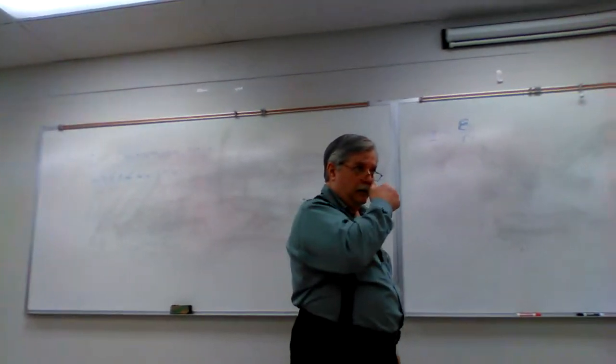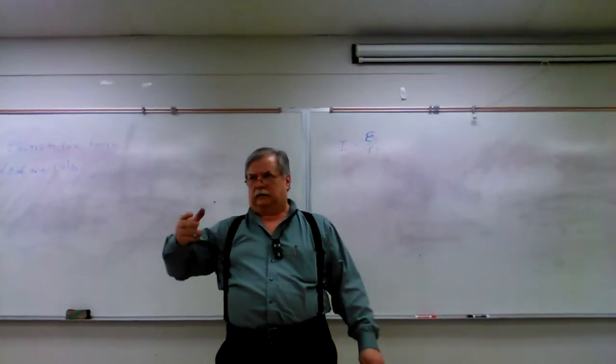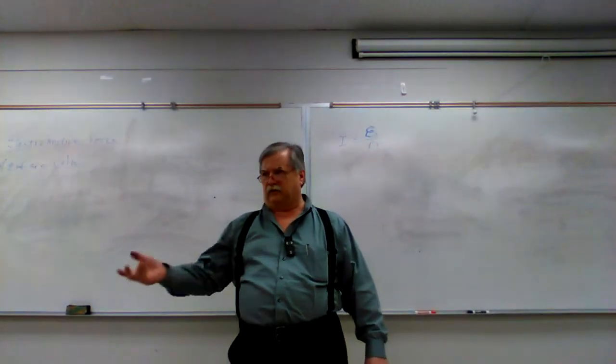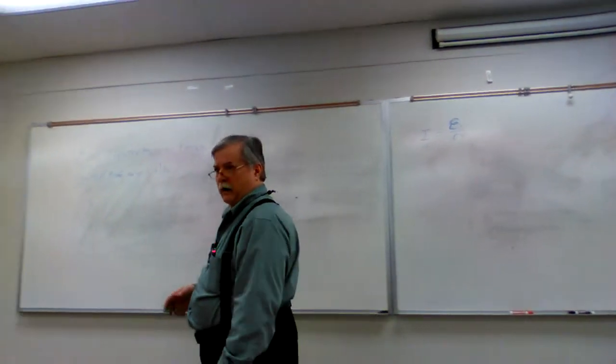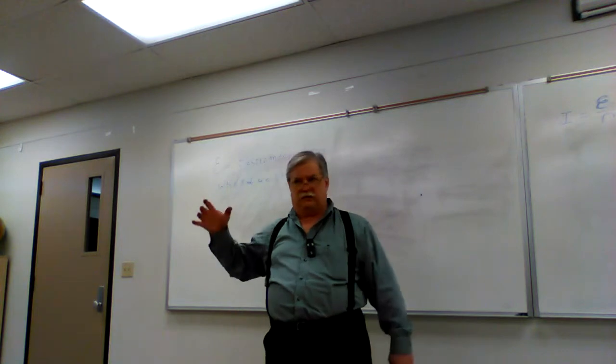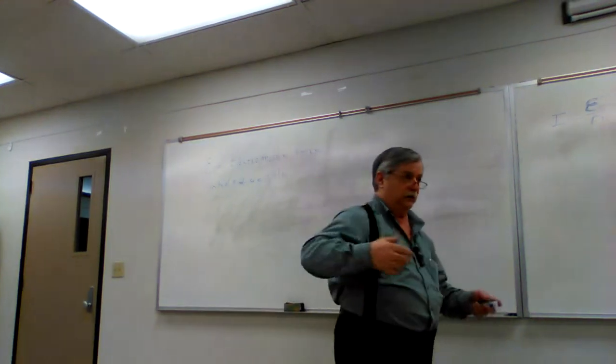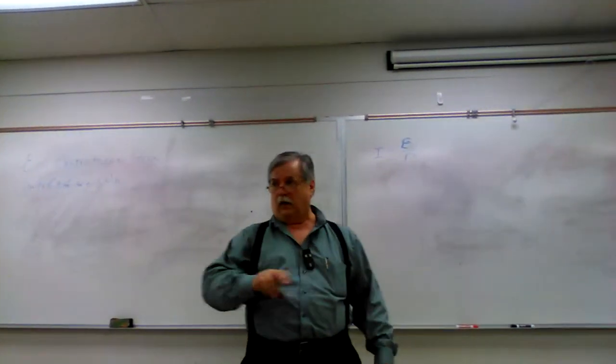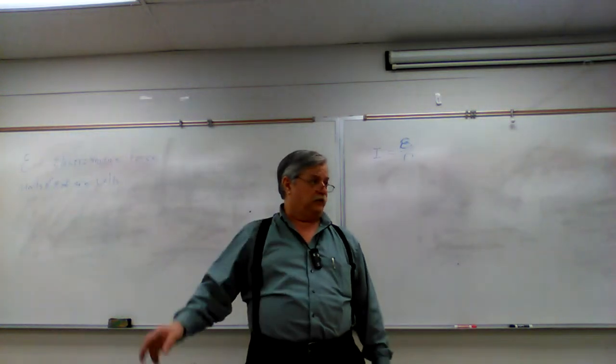Everybody already knew that if you had a moving electric charge, a moving current in a wire, it would produce a magnetic field. And they knew that if you had a magnetic field, it would exert a force on an electric current, on a moving charge.